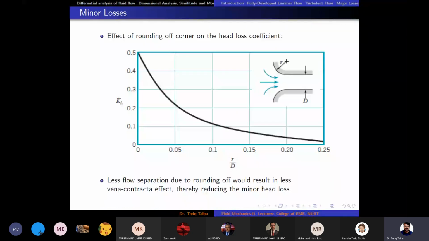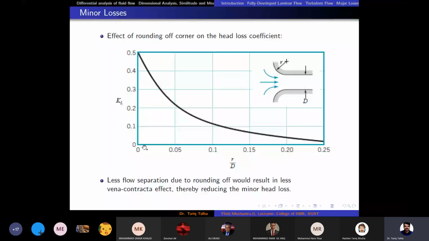Now, if we increase the rounding off of that corner where the flow is entering, you can see that when R upon D is 0, that is a sharp edge entrance, which is 90 degrees. But if we increase the radius of curvature, it means that we are decreasing the curvature, so the flow would remain attached at the entrance.